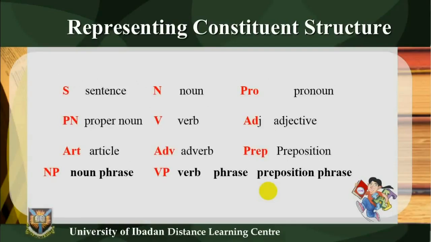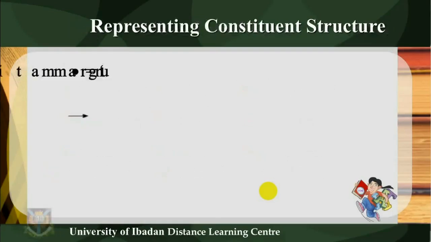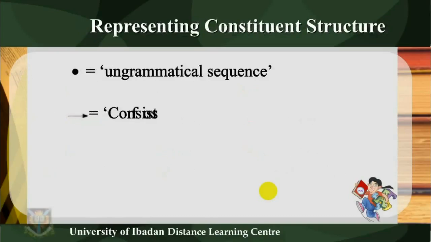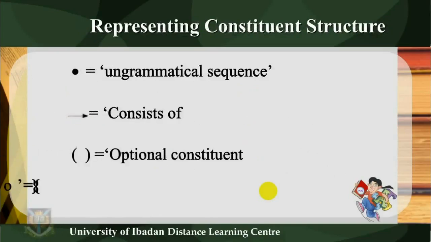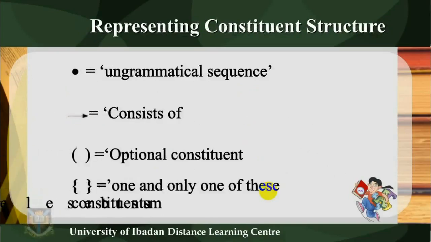NP, noun phrase. VP, verb phrase. PP, preposition phrase. Asterisk equals ungrammatical sequence. Arrow equals consists of. Round brackets equal optional constituent. Curly brackets equal one and only one of these constituents must be selected.